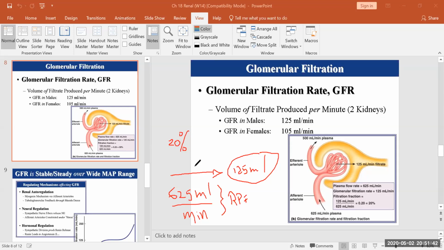So every time you can only cleanse 20% of it. So it requires multiple trips to the waste management center to really clear a toxic substance, undesired material like cellular waste. And that's an important concept. We call that filtration fraction. It's only 20%. So make sure that you understand this.